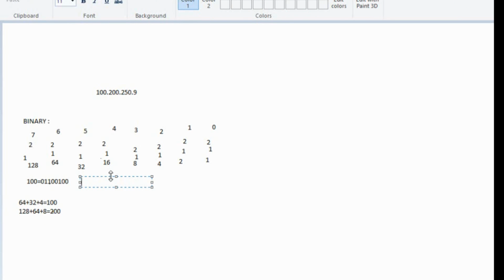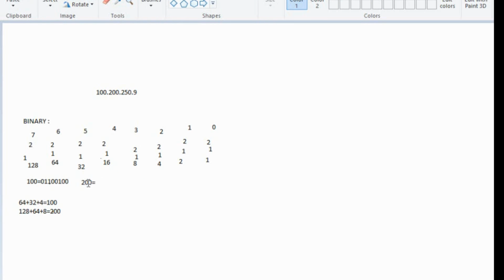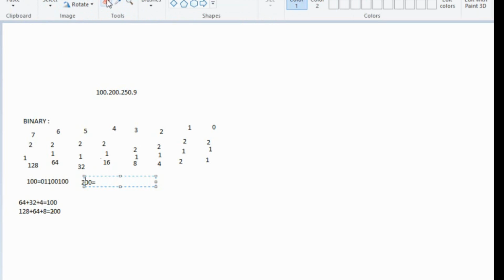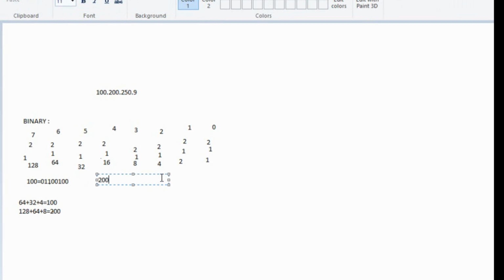So now I'm going to explain the binary format of 200. I have to erase this to get the text format here.